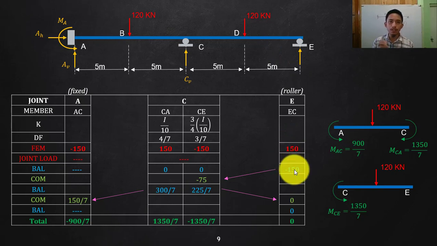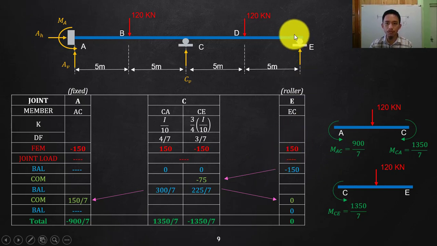Again, as I am saying, we are trying to balance. So, in balancing, that should be opposite sign. It will be distributed to all the members connected and at the same time opposite sign. This is positive, so clockwise. So, I will counter that one at the member by a negative. So, negative 150. We are done with the first cycle.